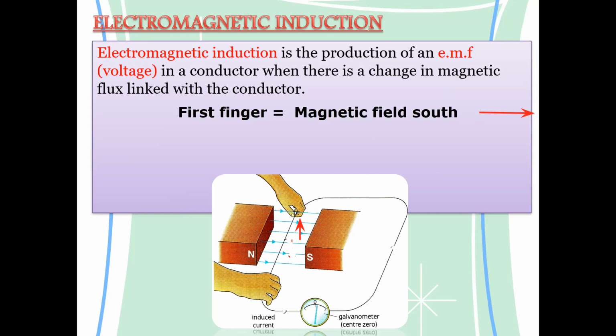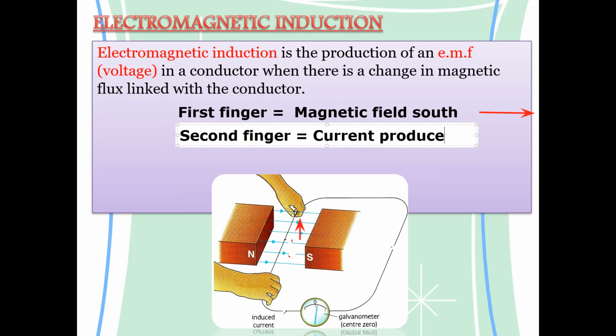Now the second finger shows the current, but we don't know the current, so we cannot align. But we know the direction of the motion or movement. So the second finger represents the direction in which the current is induced or produced, and the thumb will represent the motion or the movement of the wire.